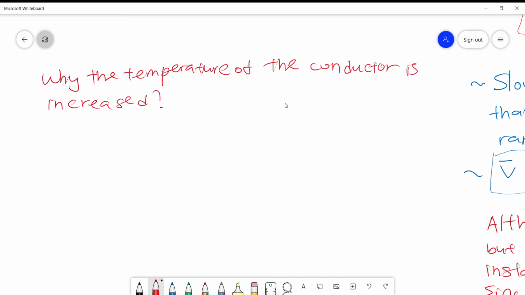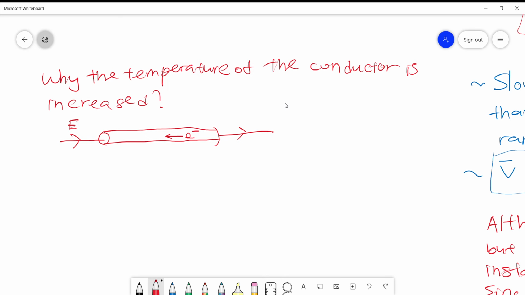Okay, let's say I have my wire. If my electric field is supplied from the left to the right, my electrons will move from the right to the left.